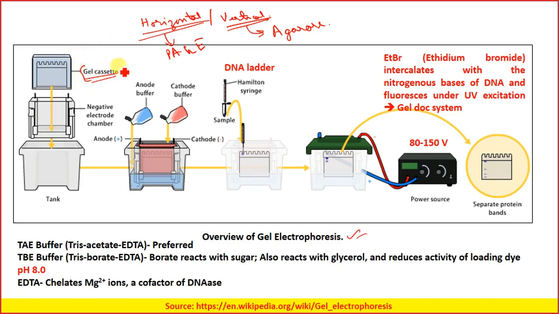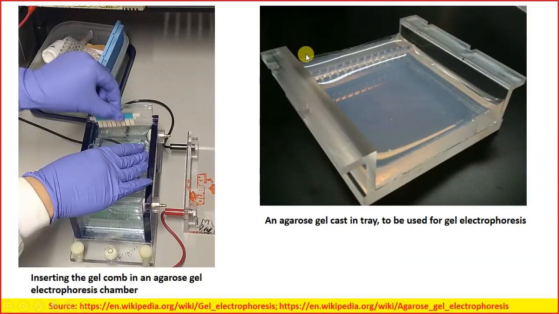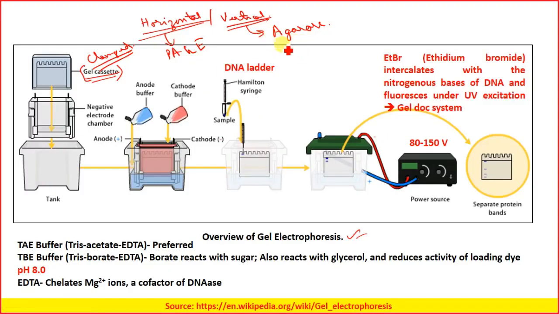The gel cassette is initially clamped so that we do not have any leakage from there. After we ensure that, the gels are poured and solidified. In the case of agarose, we have a single gel.